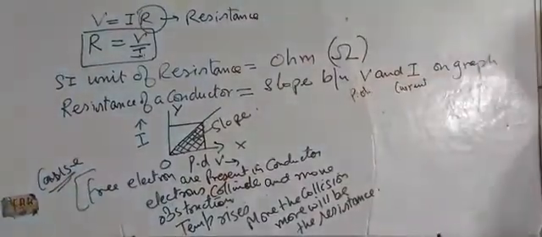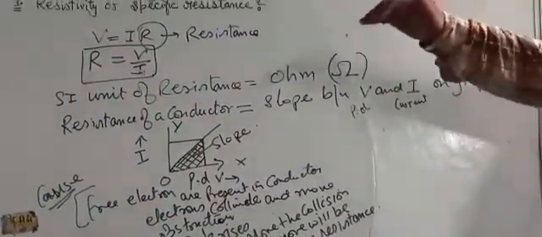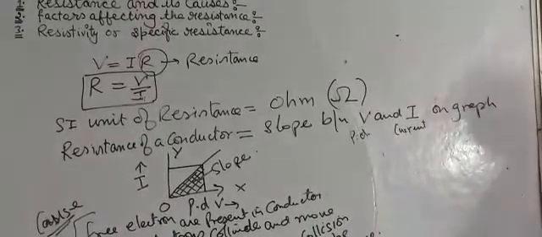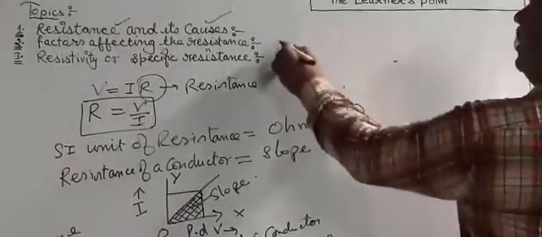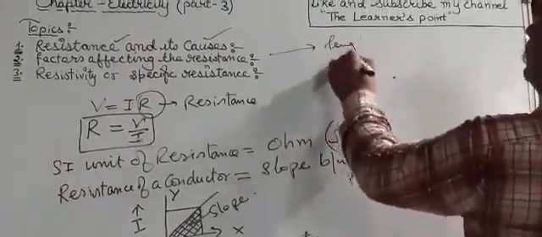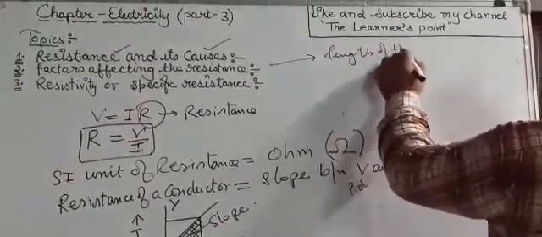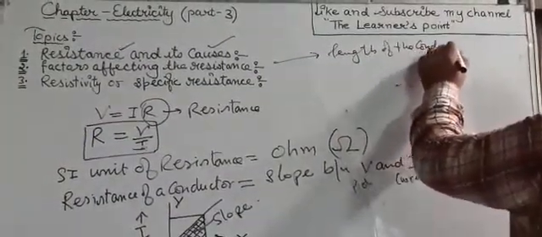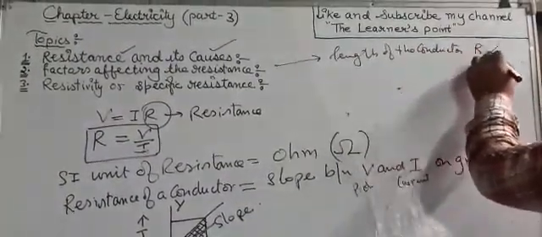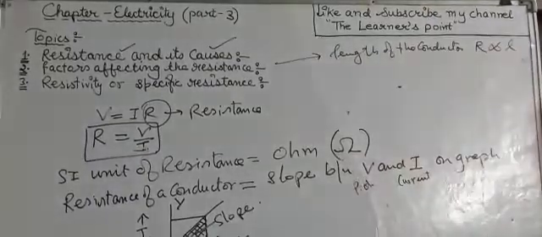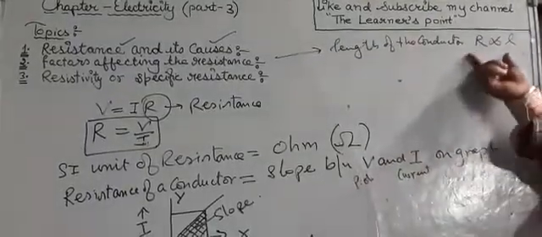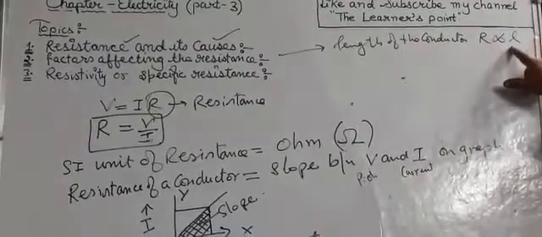Now, factors affecting the resistance of a conductor. First of all, the length of the conductor. Resistance of a conductor is directly proportional to the length.